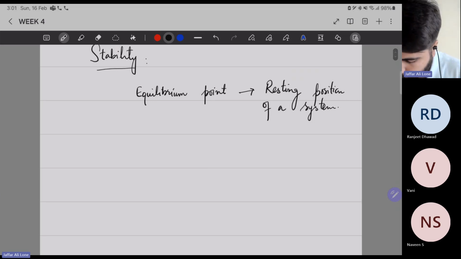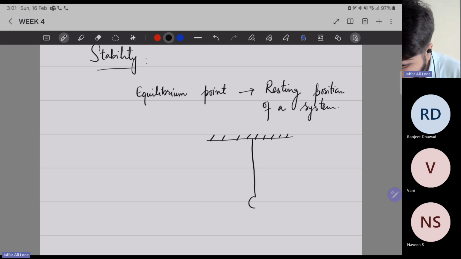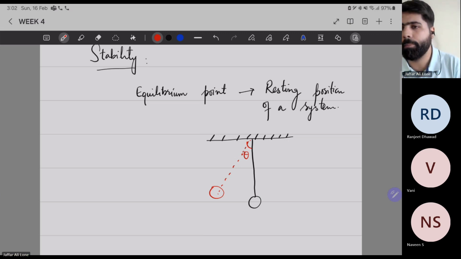For example, if you take the example of a pendulum, when that is at rest, this is that state. So this is called the equilibrium state of a pendulum. Now, I give some initial condition to this pendulum, let's assume that initial condition is theta. Now what will happen? This pendulum will oscillate, right?